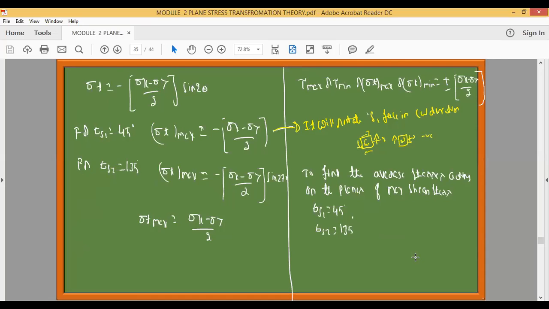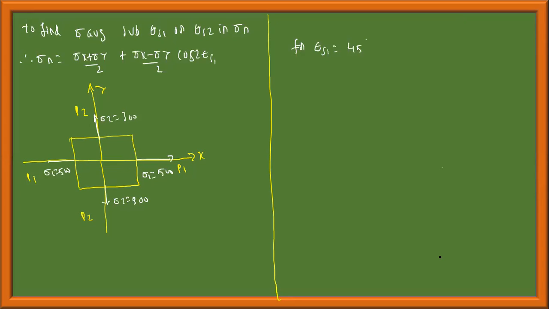Yes. Sigma n is equal to, cos 90 is 0, therefore sigma x plus sigma y by 2. And then cos 270 will be minus 1, that will be minus of minus. Cos 2 theta s1 is cos 180, right?